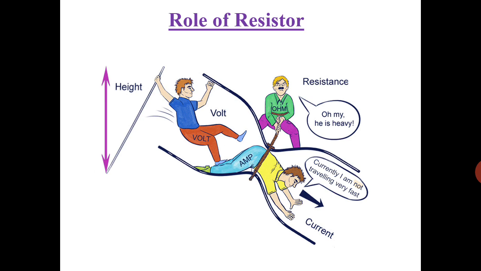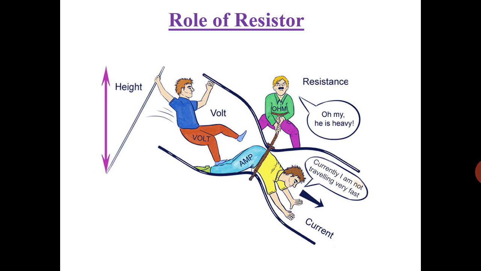What is he doing? You can see some rope, and by having that rope, he is resisting the yellow shirt guy very tightly.